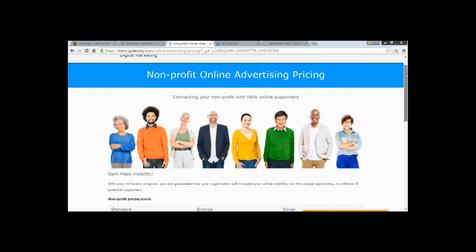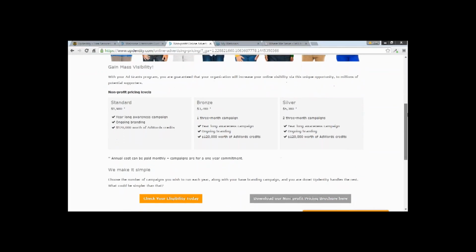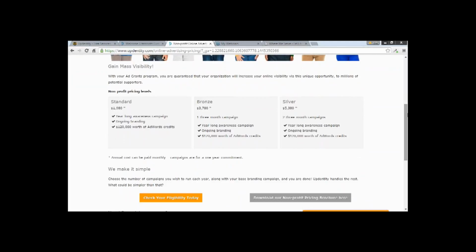We will set up all the various elements, including the AdWords campaigns, the ad grid, keywords. We create landing pages. We create the ads. We basically handle everything for you. You can see that's the standard right there. That's the one that I'm talking about that lasts for an entire year.